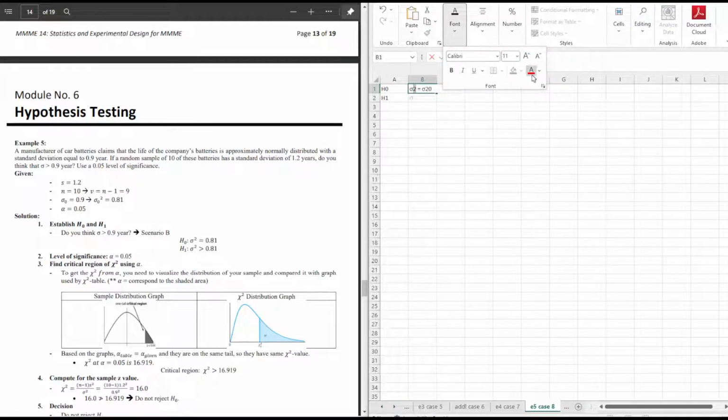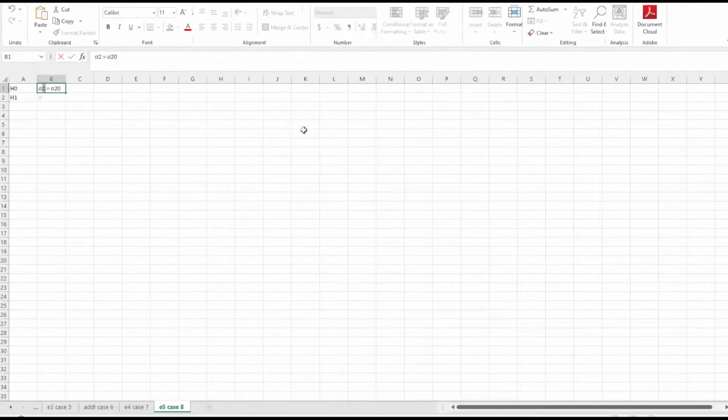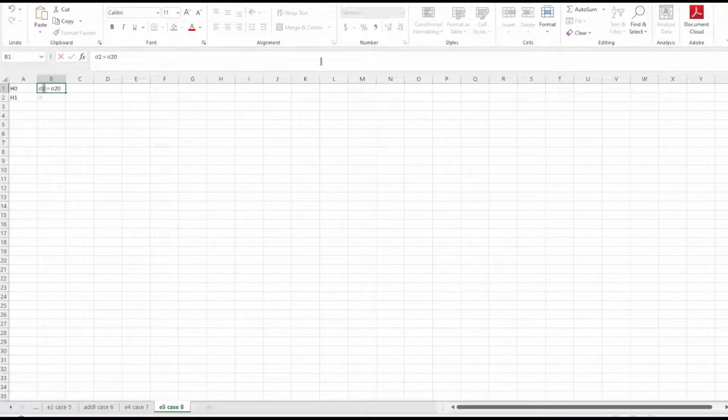Font superscript. Where is superscript? I forgot where the superscript is. It was just here. Huh? No. I can't find it anymore. So I'll just use a shortcut.